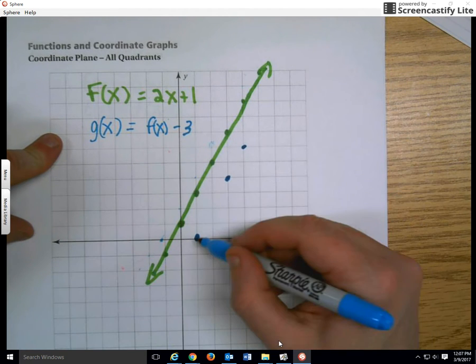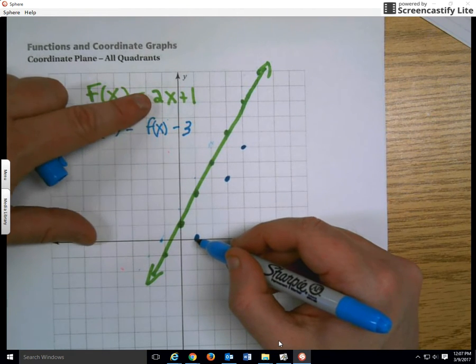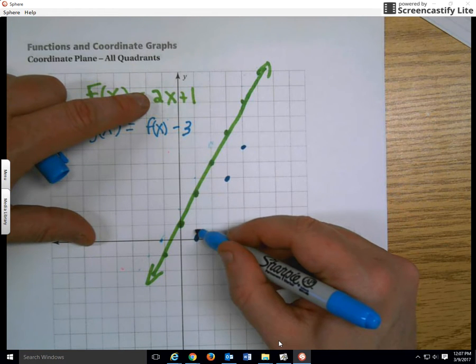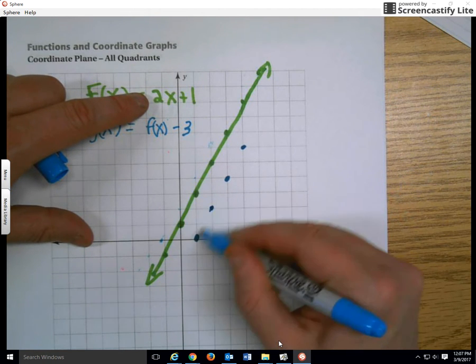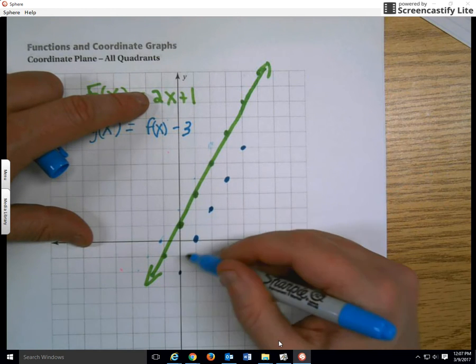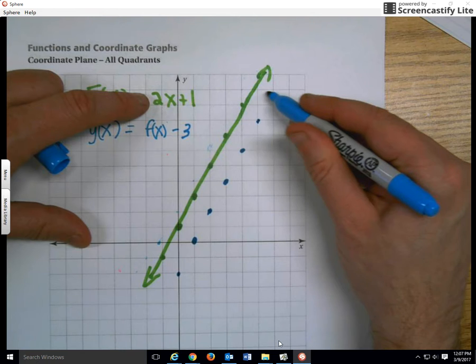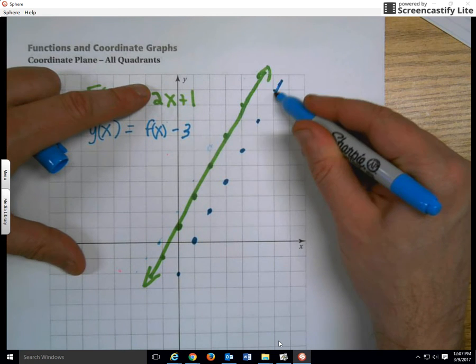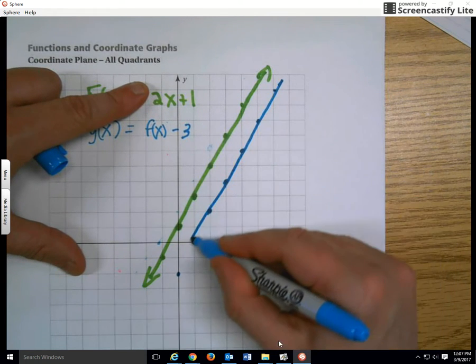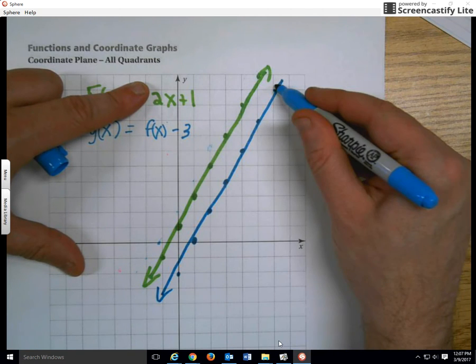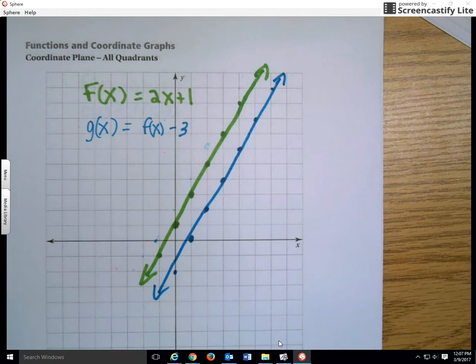Or once you get a coordinate, you can also just take the slope, which is 2 over 1, and count. Either way works. And we have successfully transformed this line with the translation.